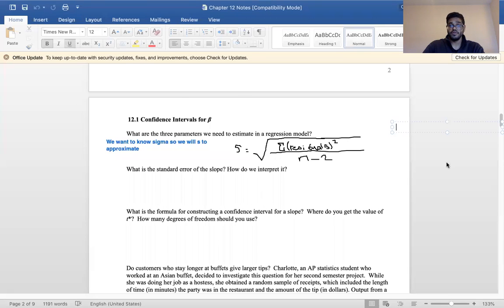Okay. And we know that B, the slope, is an unbiased estimator for the true slope beta, and A, the y-intercept, is an unbiased estimator for the population y-intercept, which is alpha.